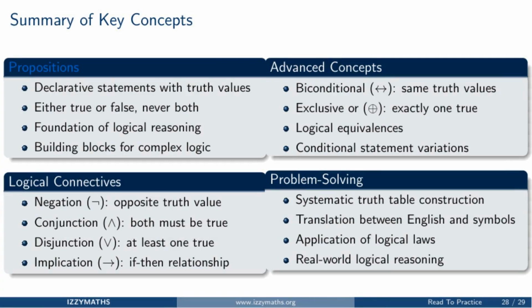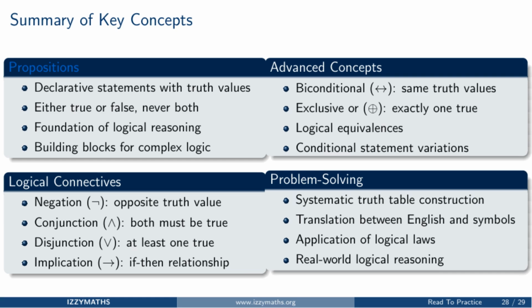Let's summarize our journey through propositions and logical connectivity. Propositions are declarative statements with truth values, either true or false, never both. They're the foundation of logical reasoning and building blocks for complex logic.